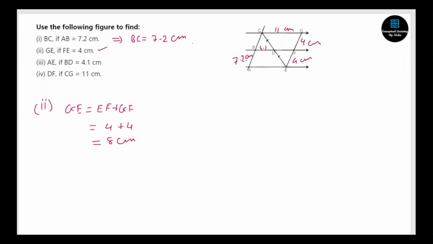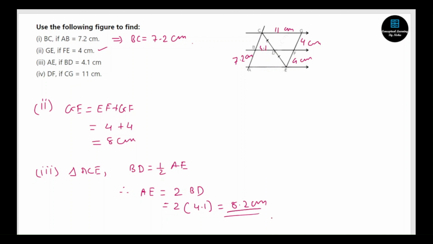Now AE we have to find, about triangle ACE. What can I say, BD is half of AE, correct? Because B and D are midpoints. Therefore AE equals 2 times BD, 2 times 4.1, which is 8.2 centimeter, right?